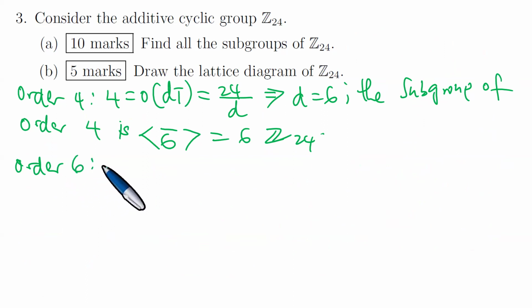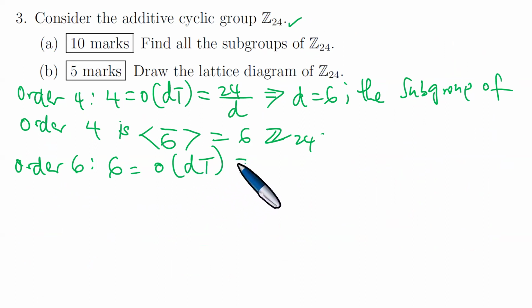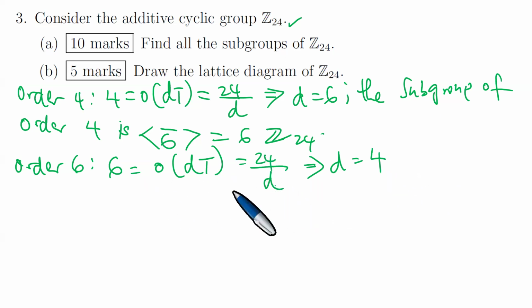Remember, this question is going to come, but they're just going to change the 24 and put 20, or 18, something like that. So now you have this. The 6 is exactly this, 24 divided by D. You need to divide 24 by a certain number to get 6, and it can only be 4, because 24 divided by 4 is 6.